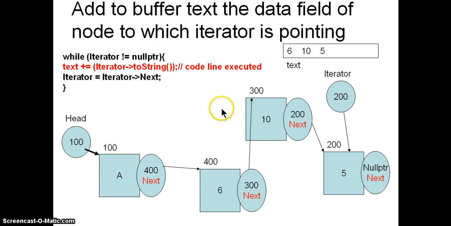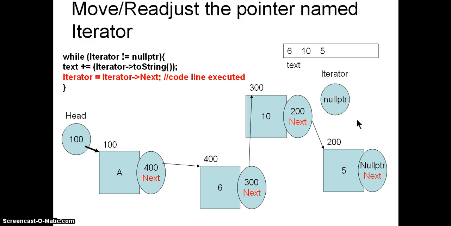That simply means that you're going to be storing the next field of the node to which iterator is pointing into the iterator itself, which is null PTR. Okay, so readjusting the pointer this time gives us the effect that iterator is storing the null PTR, and all the relevant data from the linked list has been added to this buffer. So the buffer is really ready to be returned.